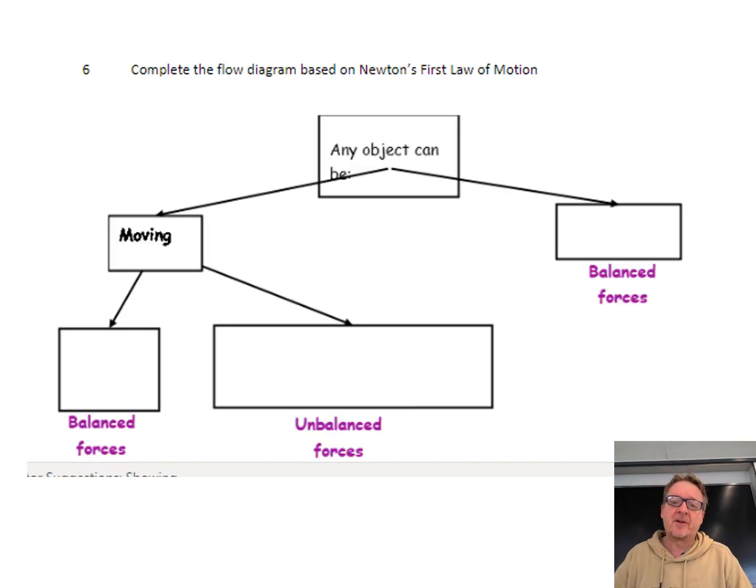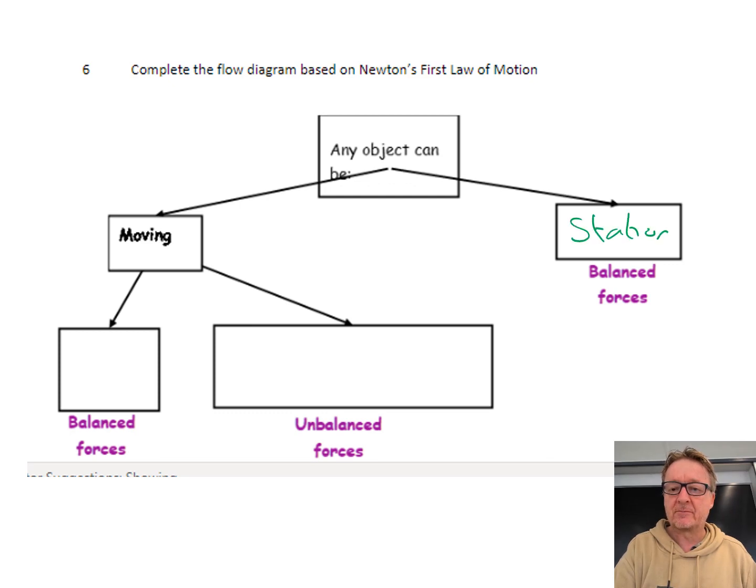Question number 6. Complete the flow diagram based on Newton's first law of motion. So an object, if the forces are balanced, can be stationary.